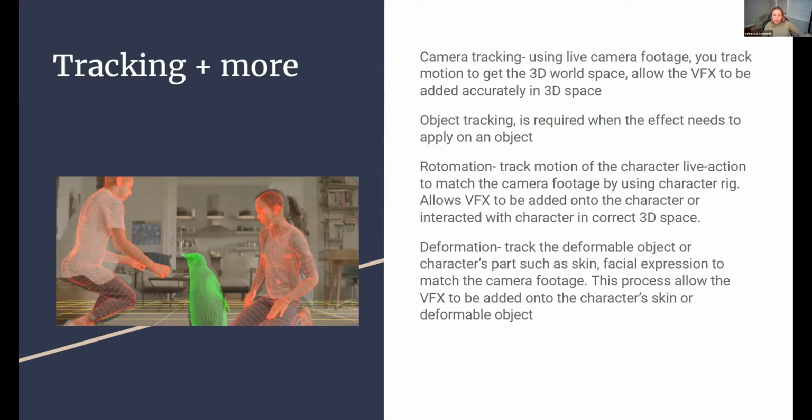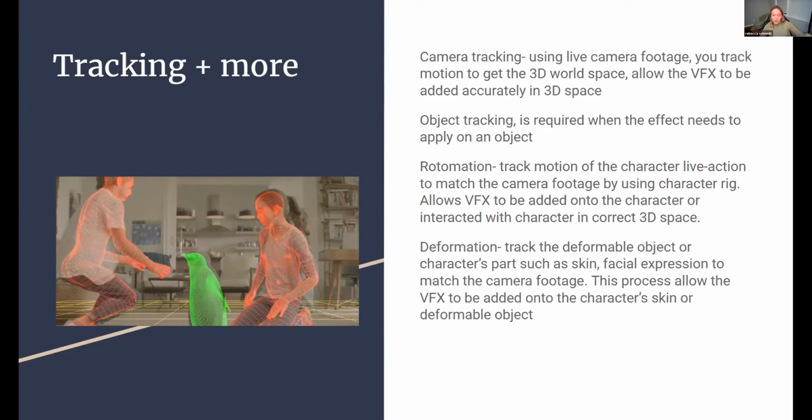Object tracking is required when you need to add an effect to an object. Rotomation tracks the motion of a character in live action footage so that you can add a 3D character into a space. And deformation is tracking something that deforms, like skin or water.